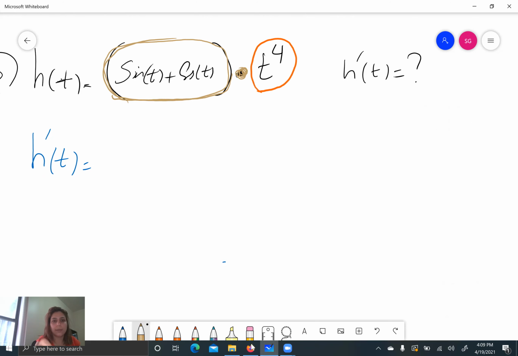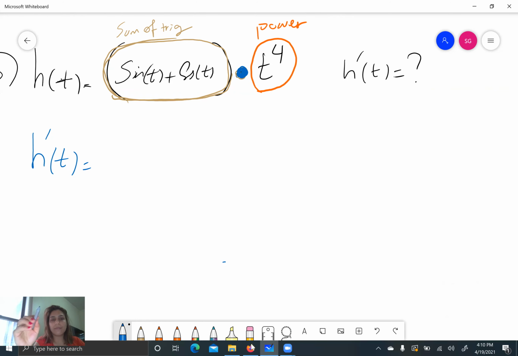The first one is a sum, addition of two trig functions. So I have the sum of two trig functions multiplied by a power function, and we have the product of these two functions. So the first rule that I need to apply is the product rule.